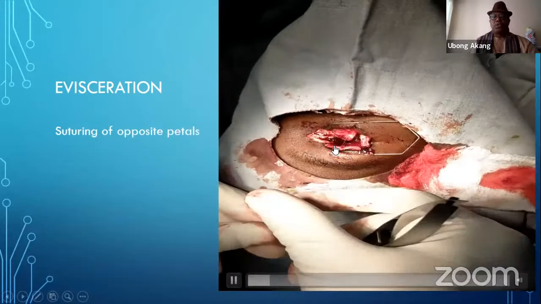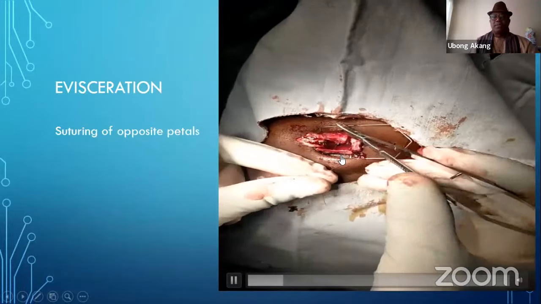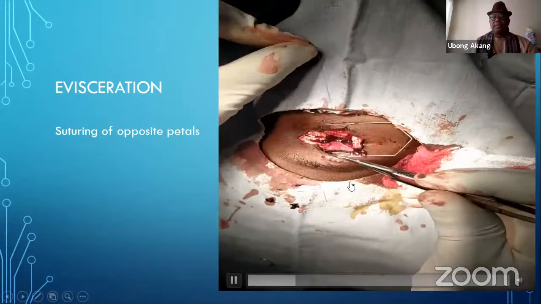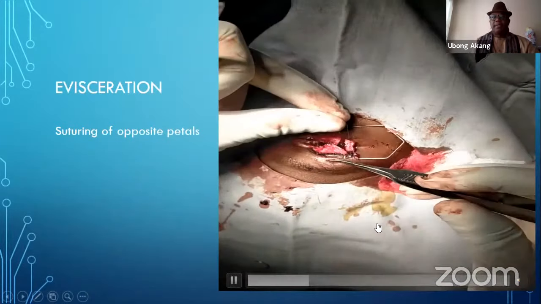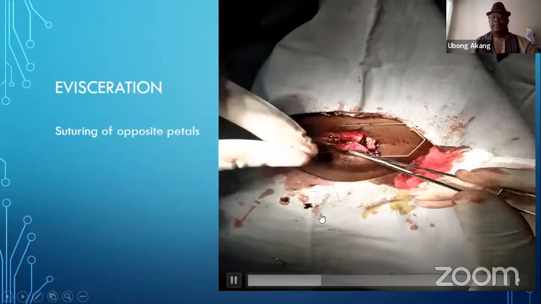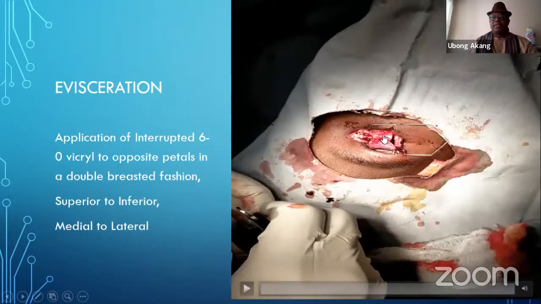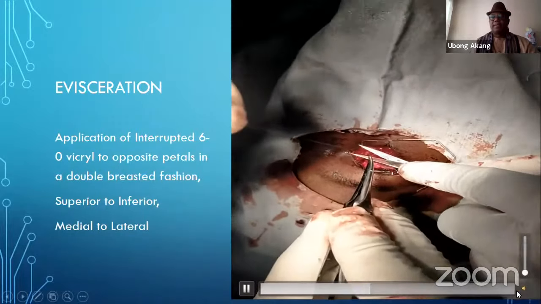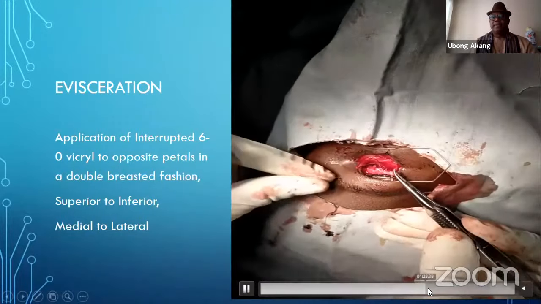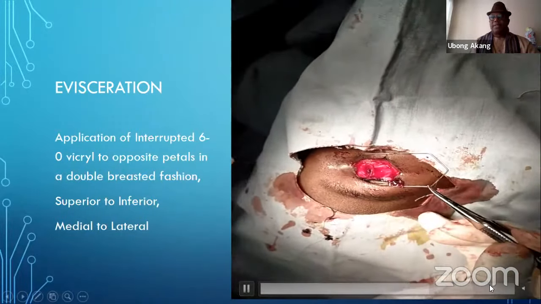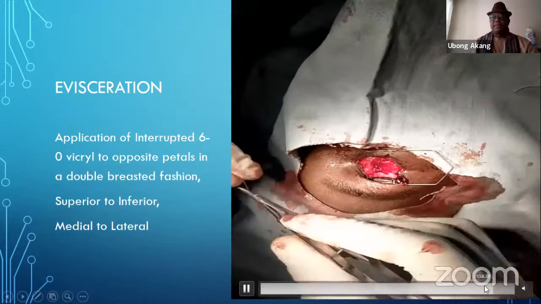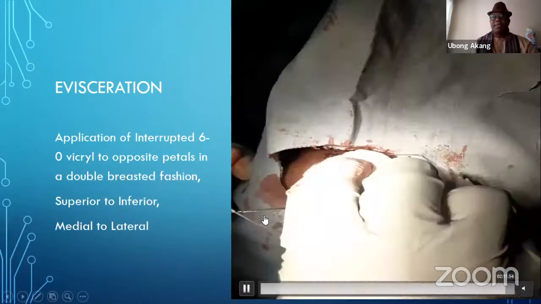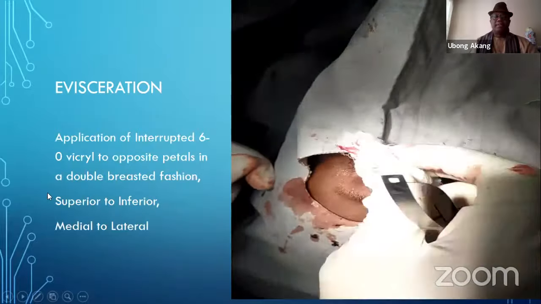You suture the opposing ones, superior to the inferior, and all of that. And the next one, the superior one has been done. See, now the lateral and the medial ones are being done. We don't have much time, that's why I'm just skipping.